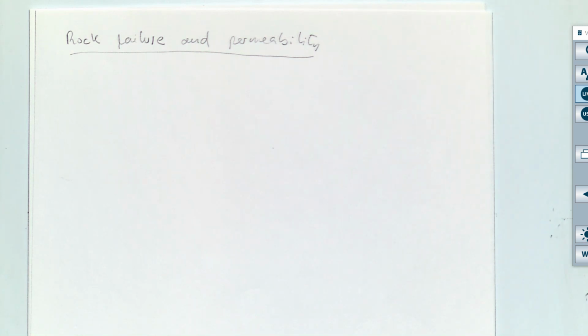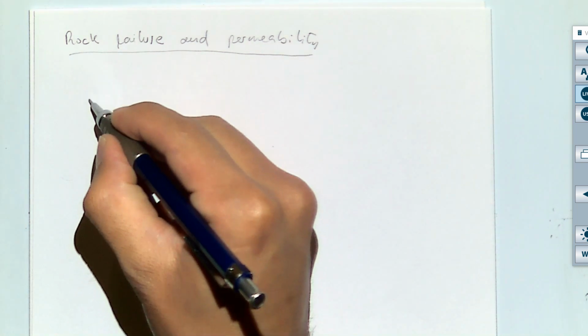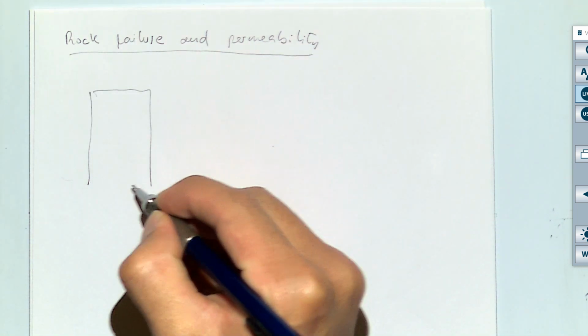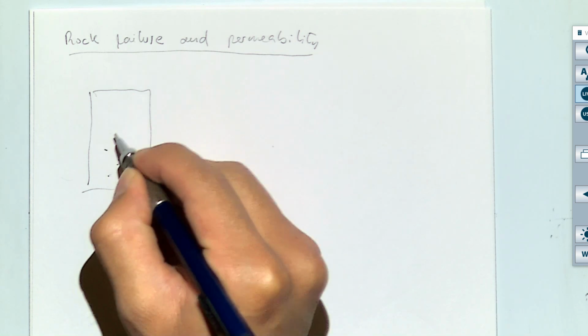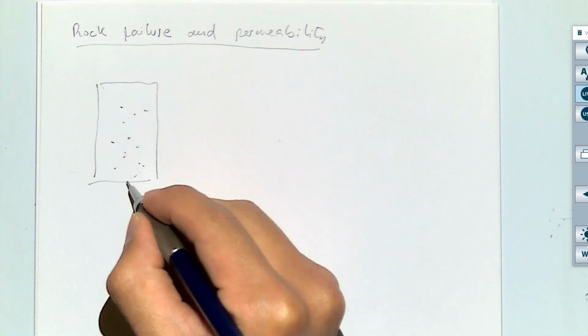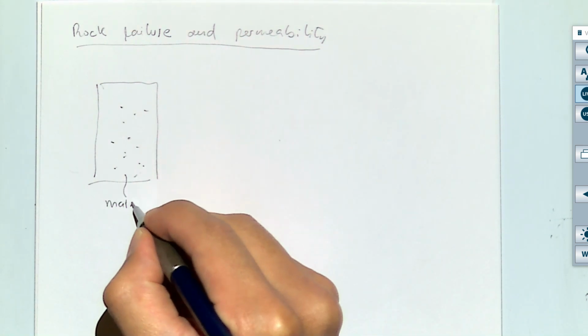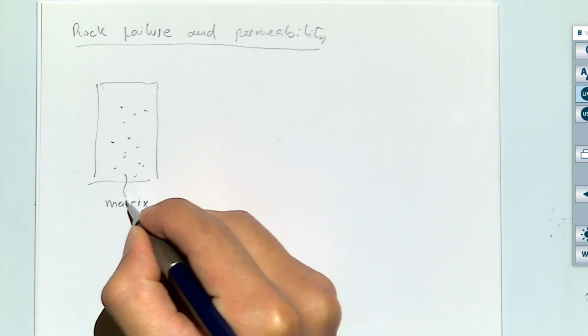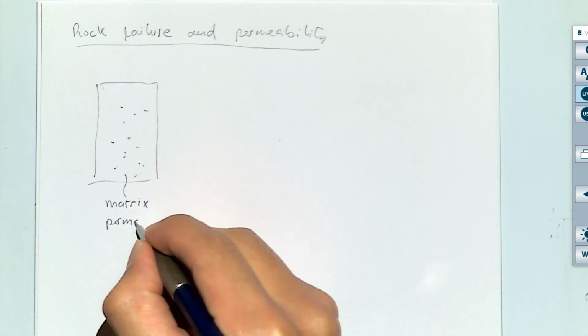But now, in recent years, we understand a lot more geomechanics, and we understand the advantages of having a rock that has, for example, some permeability that usually, when it's not broken, we just call matrix permeability.